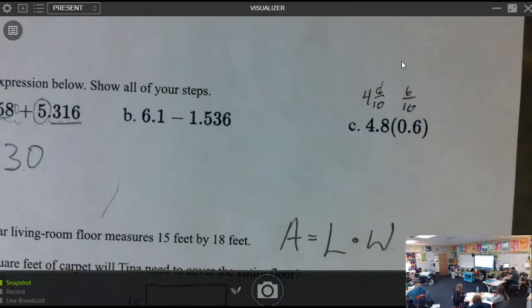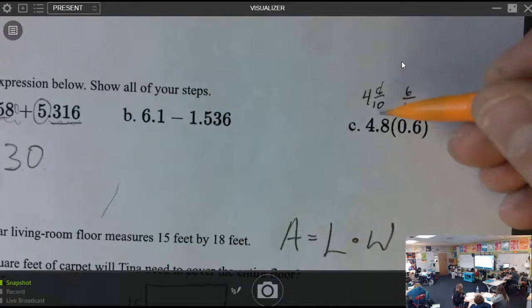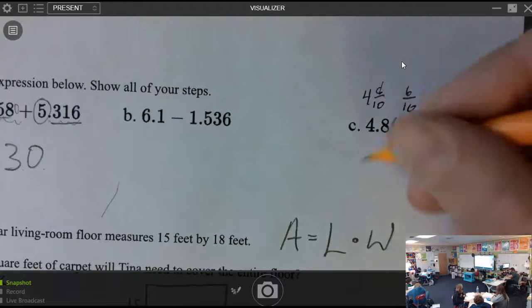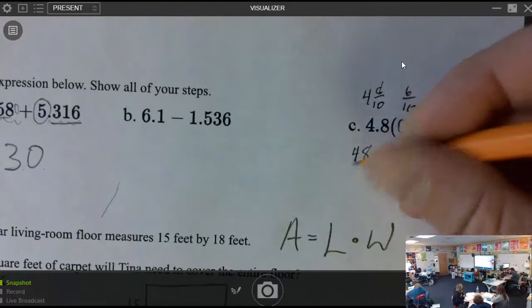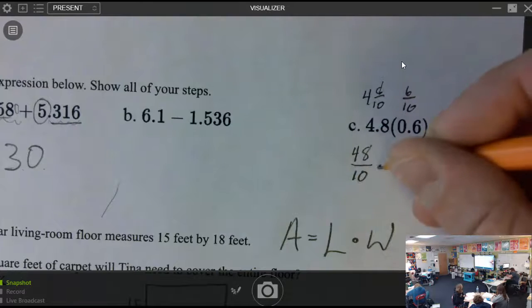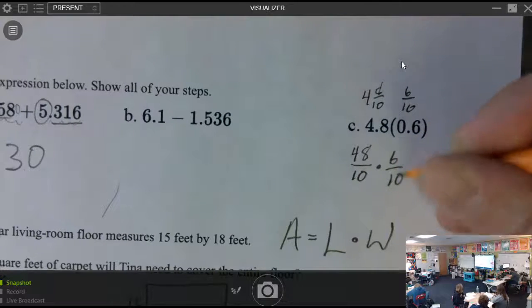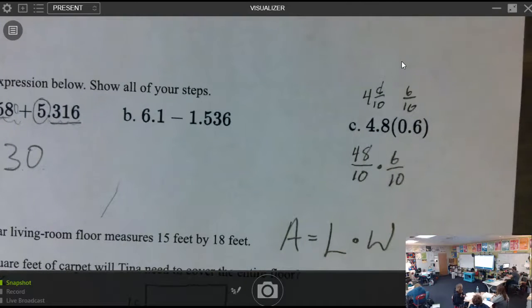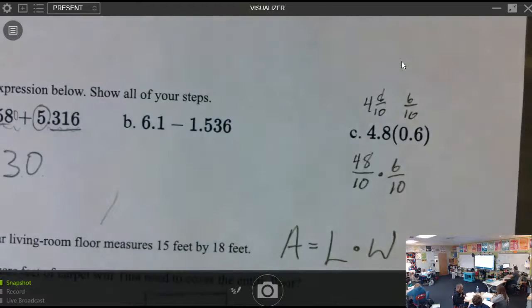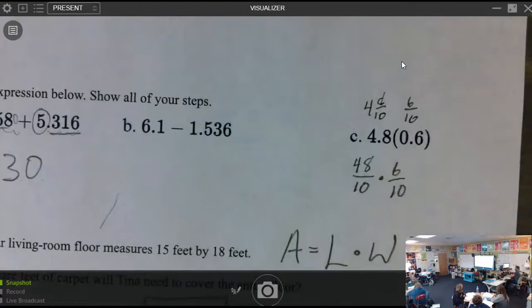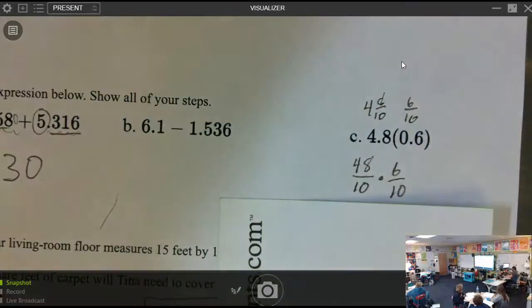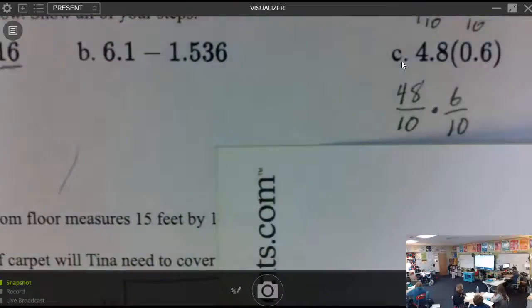If I'm trying to multiply fractions, I know I can go straight across, but I have to make this improper first. So 48 tenths times 6/10. And here's where we can make life easier through cross-reducing. Guys, look up here, especially if this isn't what you did, because this is a much easier way to solve this problem.